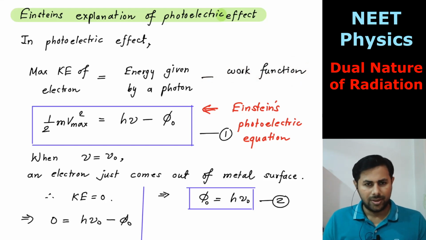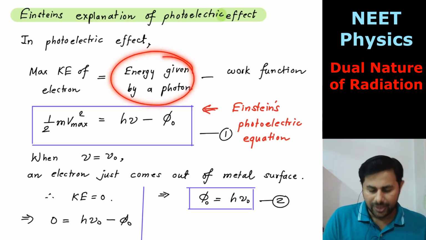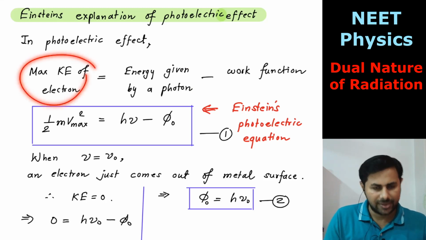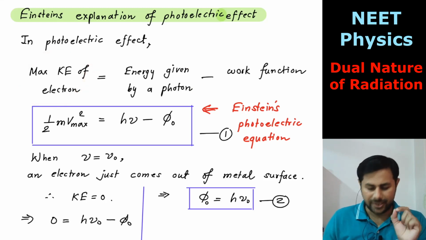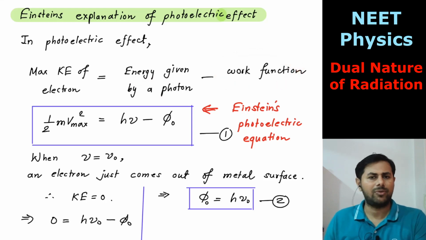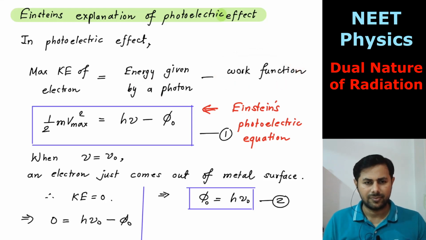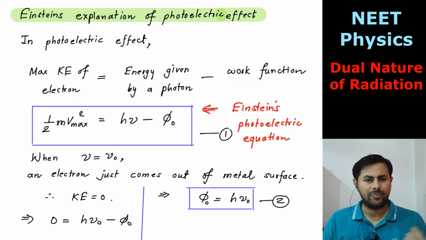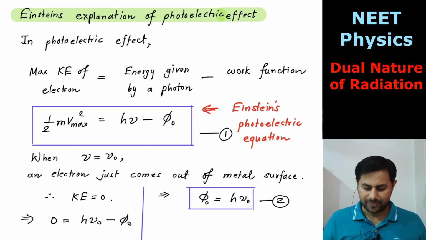So what is the maximum possible kinetic energy of the electron? It is the energy given by the photon minus the energy required by the electron to come out of the metal surface. Whatever is the remaining energy is the kinetic energy of the electron. Is this clear, everyone?